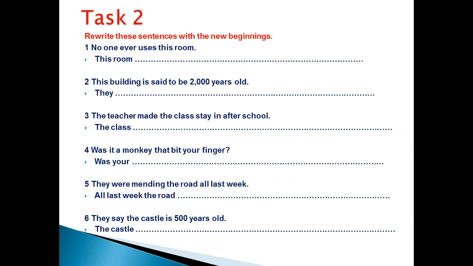I'd like you to rewrite the sentences using the words at the beginning, the new beginnings. It's easy. So you can start with, for example, number one, this room. Number two, they, and complete the sentence. Of course, all of them from active to passive.